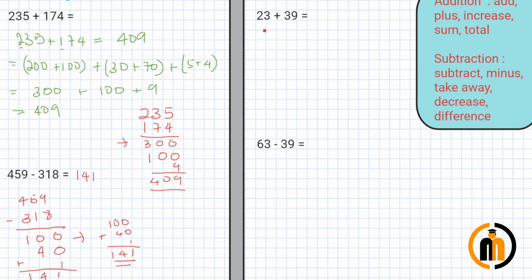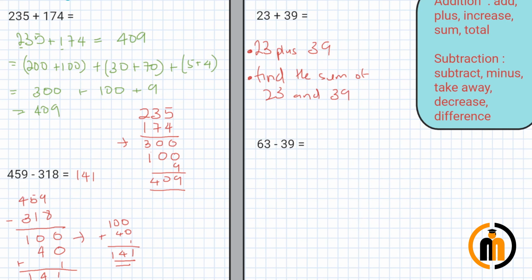We have 23 plus 39. I could also say find the sum of 23 and 39. These are a few examples. 23 plus 39, these all mean the same thing.